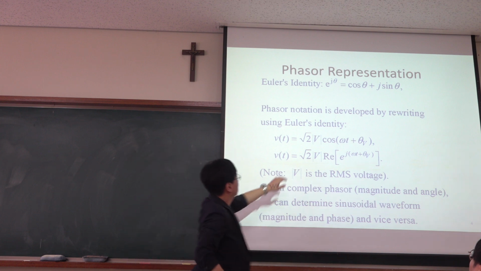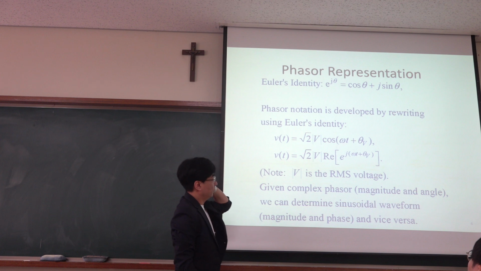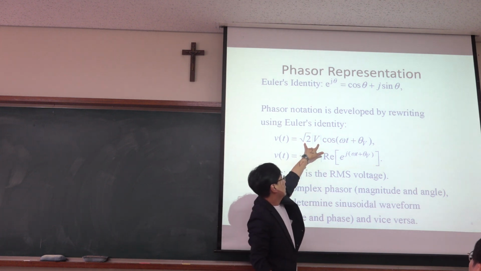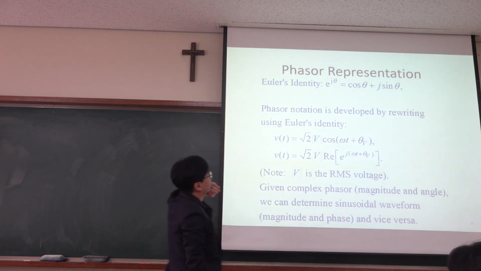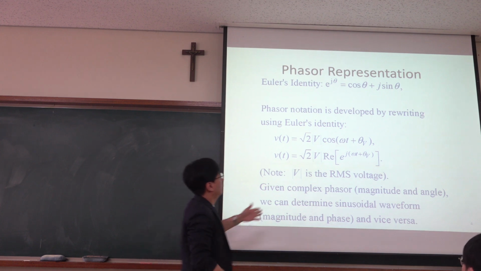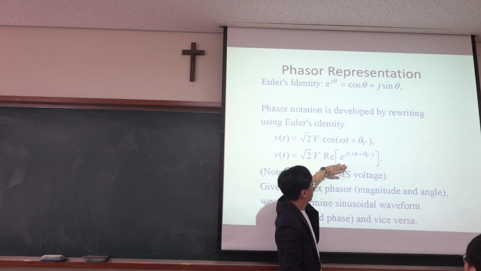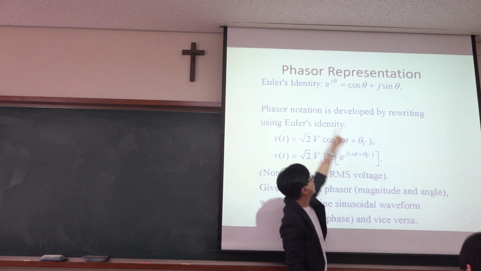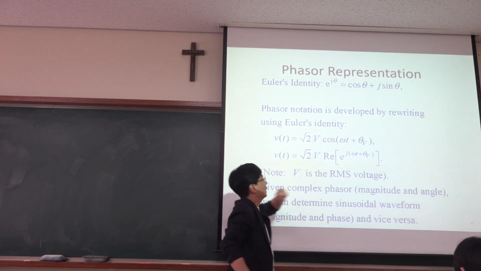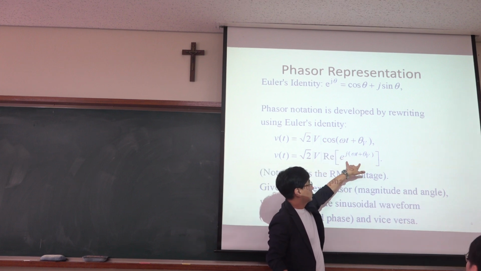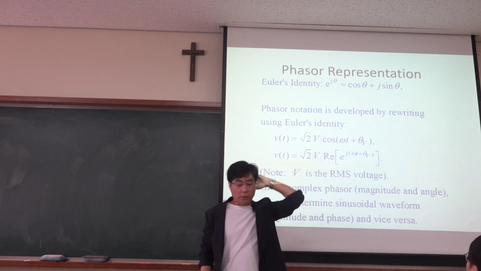Okay, so this is what we have before. Instead of Vmax, this is replaced by square root 2 times the absolute value of V. And so this can be expressed like that, using this Euler formula. This is a complex number, and we take the real part of that.